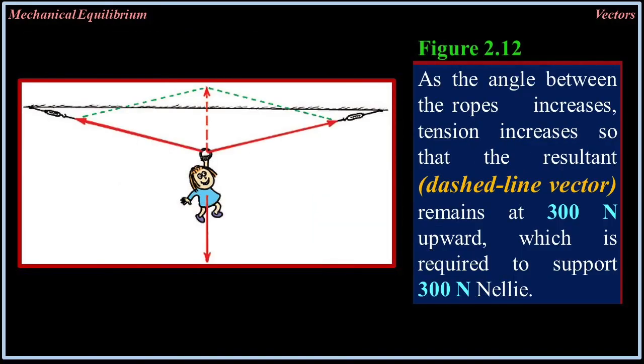Figure 2.12: as the angle between the ropes increases, tension increases, so that the resultant dashed line vector remains at 300 newtons upward, which is required to support 300 Newton Nellie.